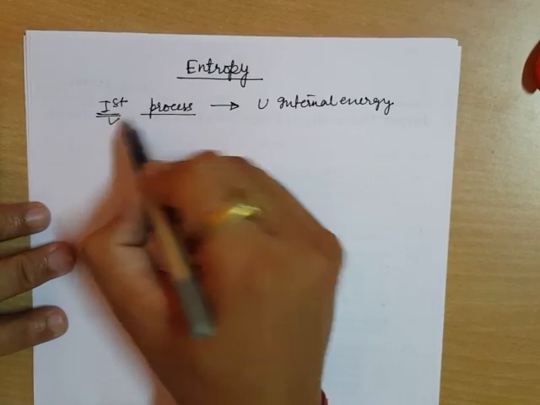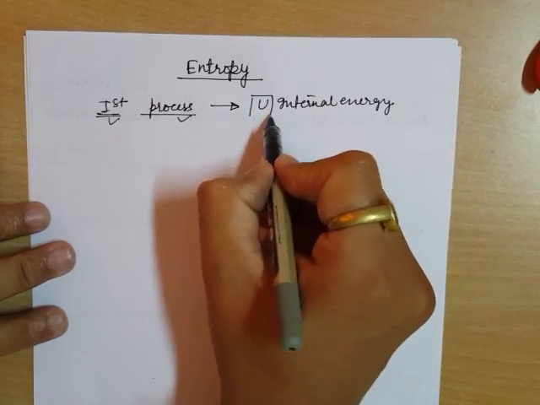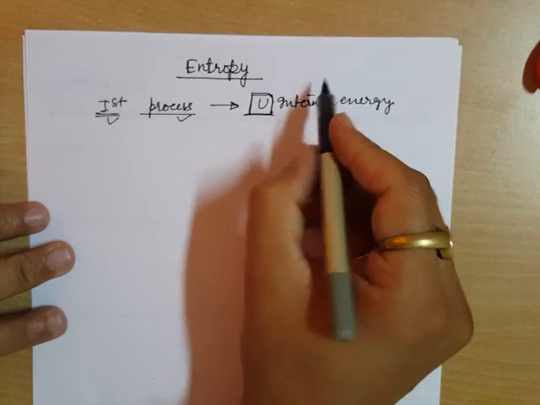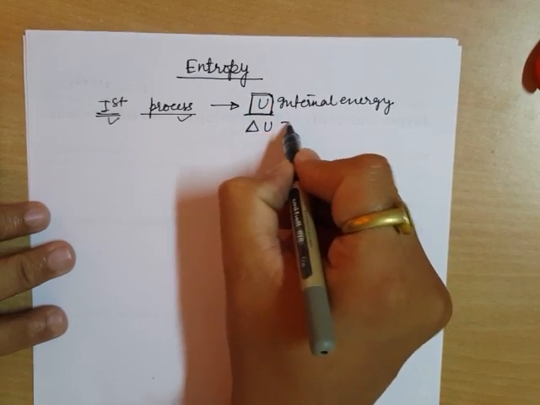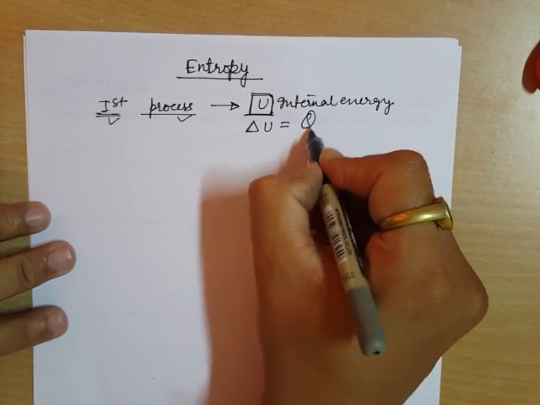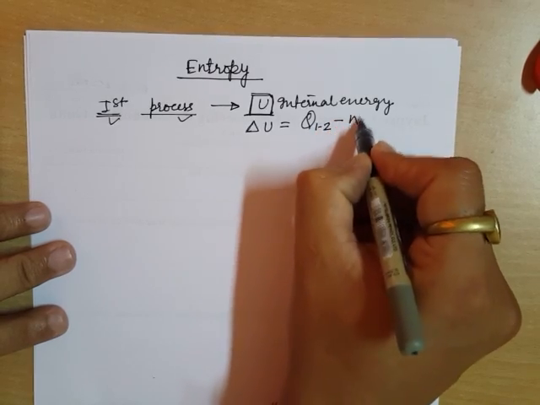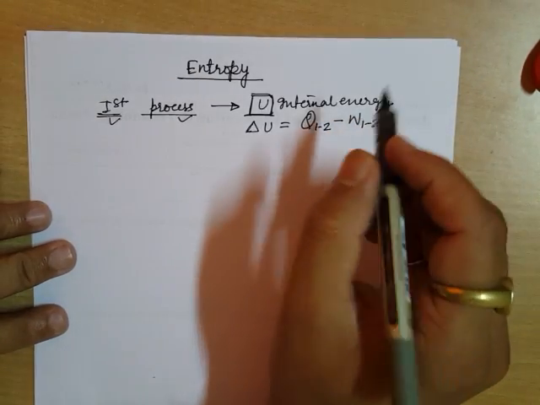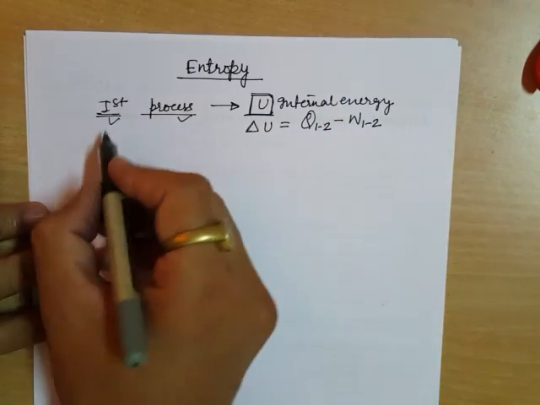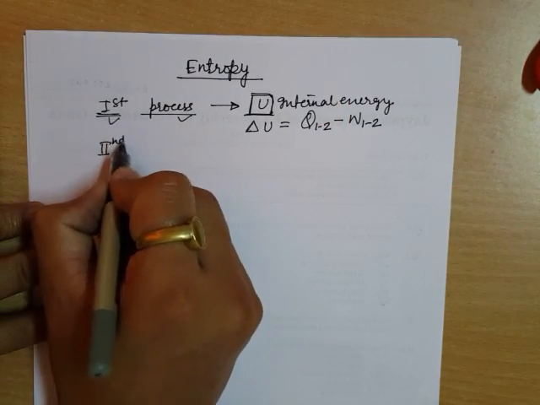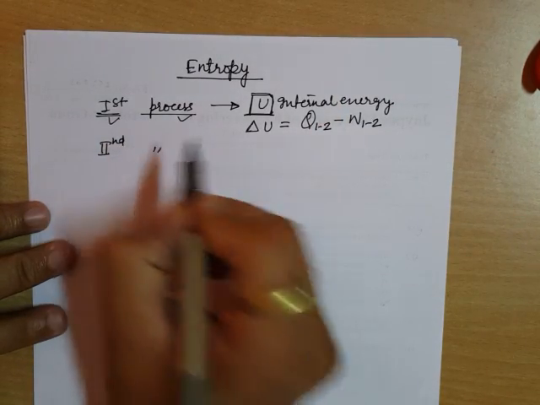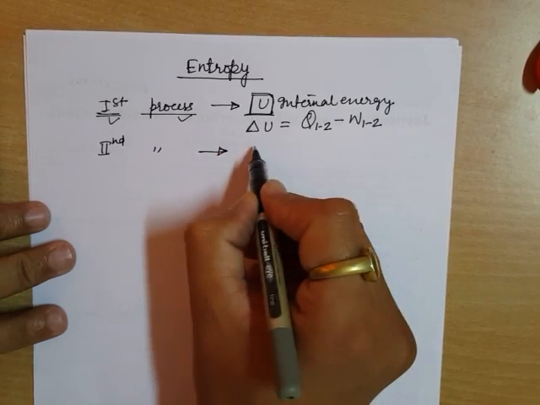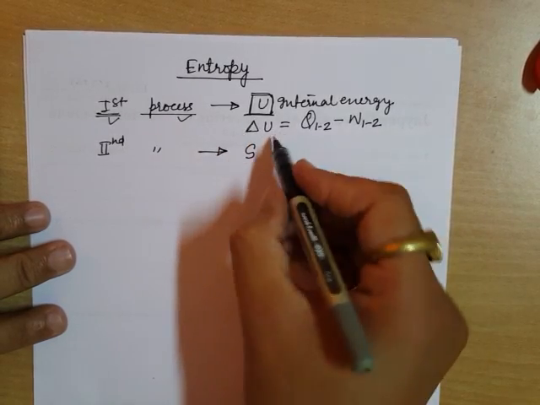That means, when we apply the first law to a process, we get internal energy, like delta U is heat transfer in that process minus work done by system in that process. Likewise, the second law of thermodynamics applied to a process gives us the concept of entropy.